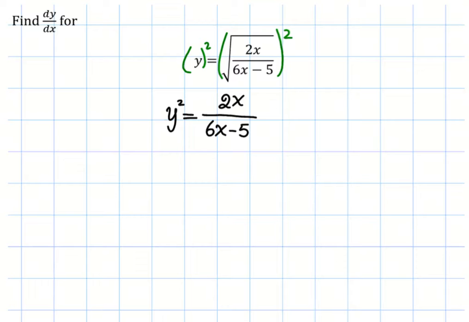And then to eliminate the fraction, we cross multiply. So we have y squared times 6x minus 5 equal to 2x, right? Now, we're going to find the derivative implicitly, meaning that we assume y is a function of x.